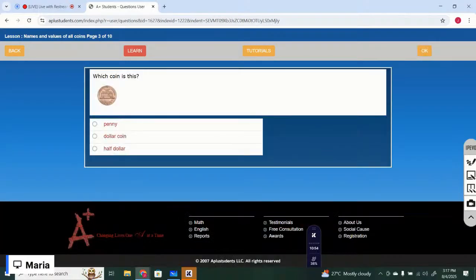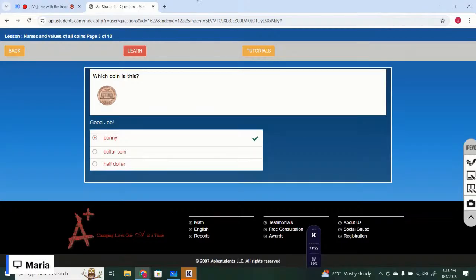Which coin is this? Penny, dollar coin, half dollar. On the coin it is mentioned that is 1 cent, right? So 1 cent means that is penny. Option number one is the correct option.